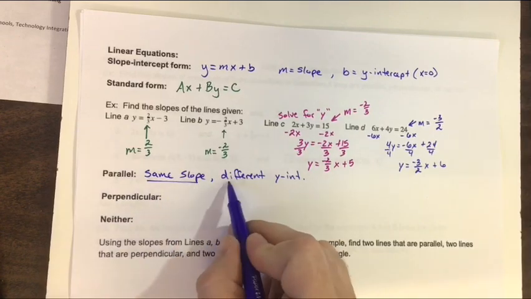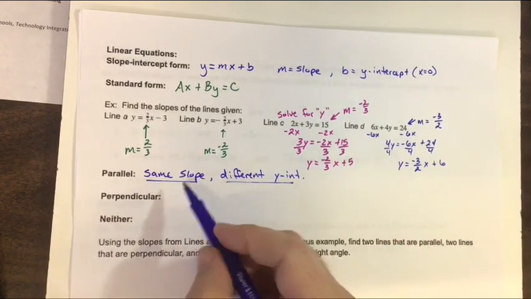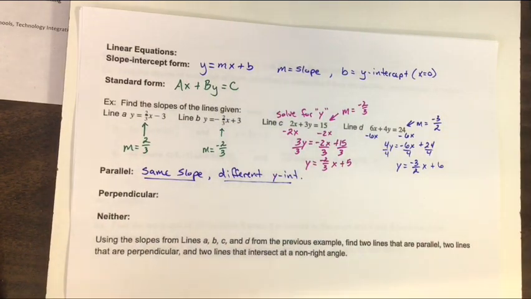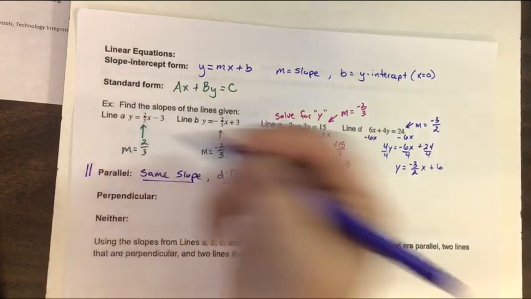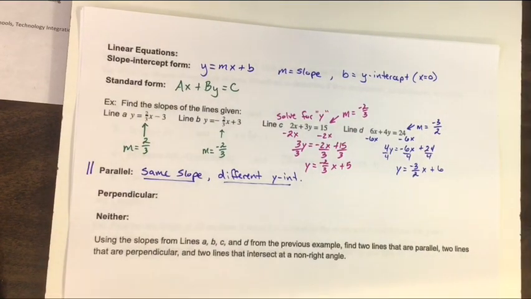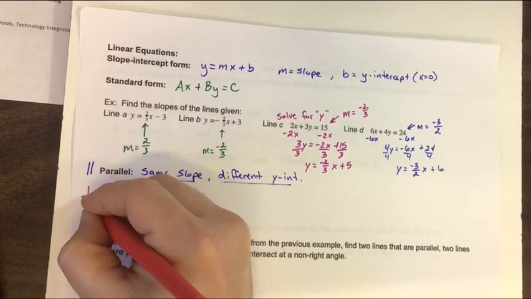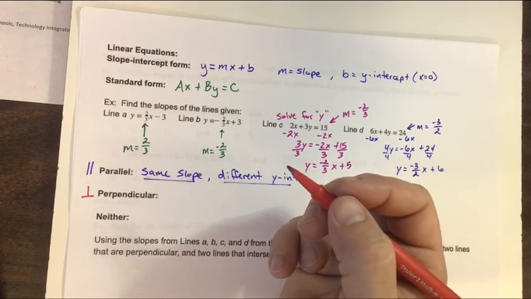Okay? Same slope, different y-intercepts. So they have to be in slope-intercept form to identify that. If two lines are perpendicular, now let's go back. Parallel means they don't intersect. Okay, parallel lines. Perpendicular means they do intersect, but exactly at a 90-degree angle.